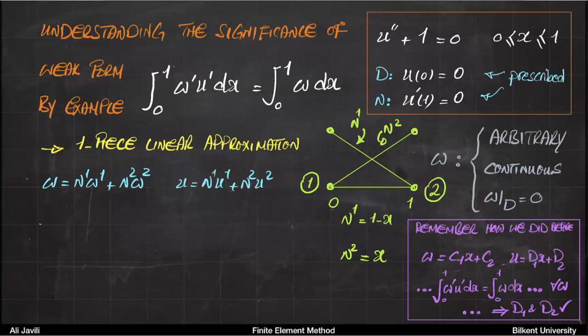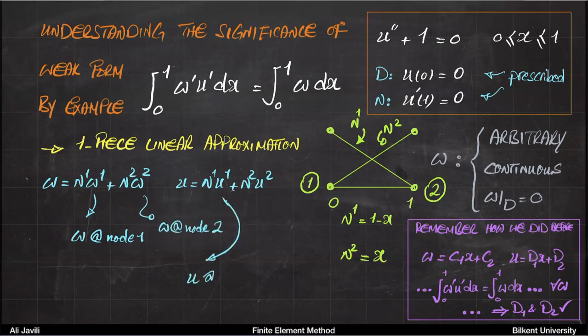Here w1 is the value of w at node 1, w2 is w at node 2, and u1 and u2 are u at node 1 and node 2.